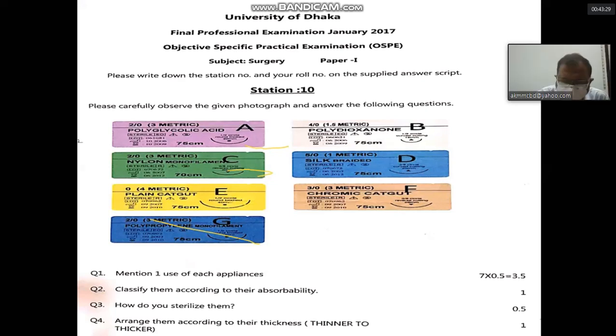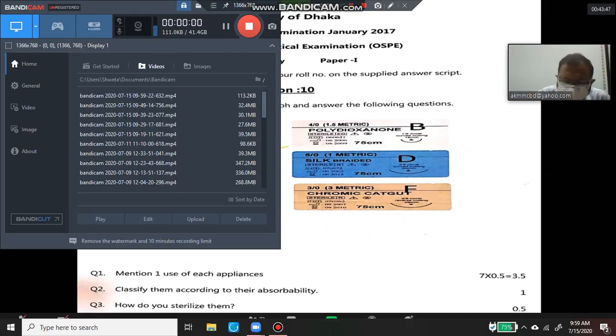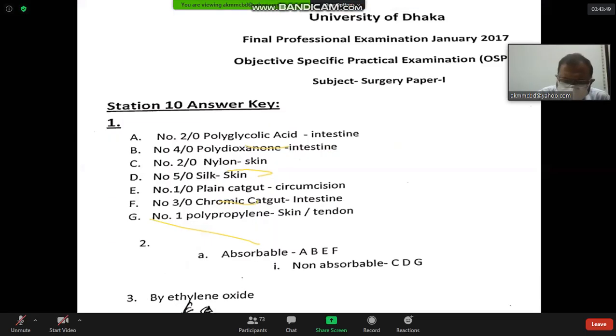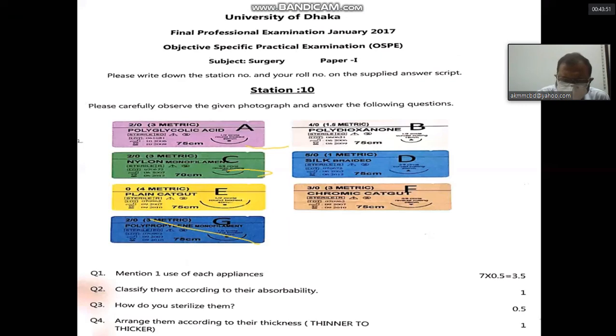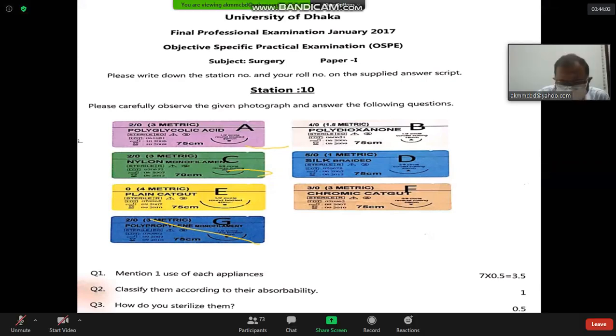You have to maintain the order. What is number B? Number B is 40 polydioxanone. Number C is 2 nylon. And number E is 50 silk, braided. Okay.